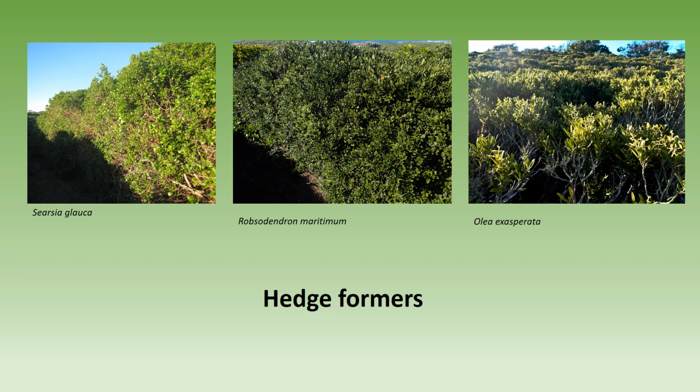In other words, they can extend for several meters, whereas the plant is only a meter high. Hedge formers are most conspicuous in xeric thicket, the drier thicket on the really well-drained soils, or in very dry conditions in the dune landscape, or else they appear in the early post-fire succession phase of mesic thicket.